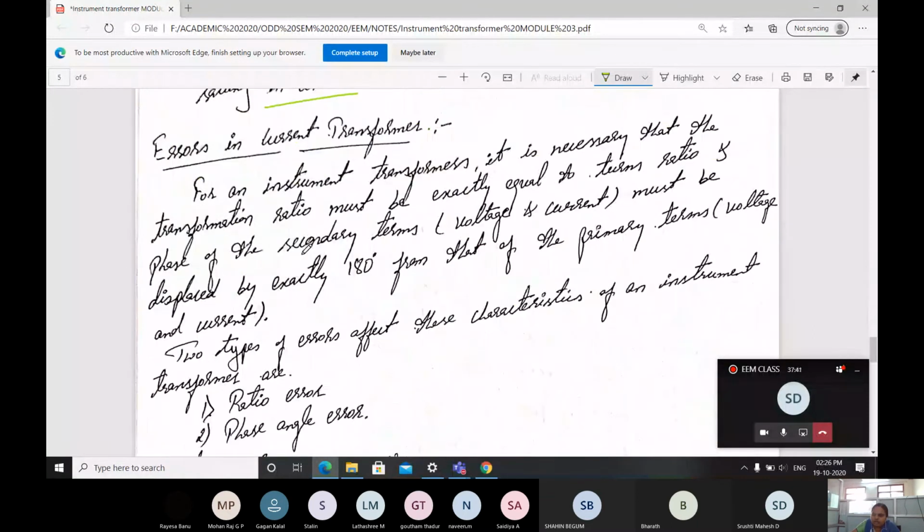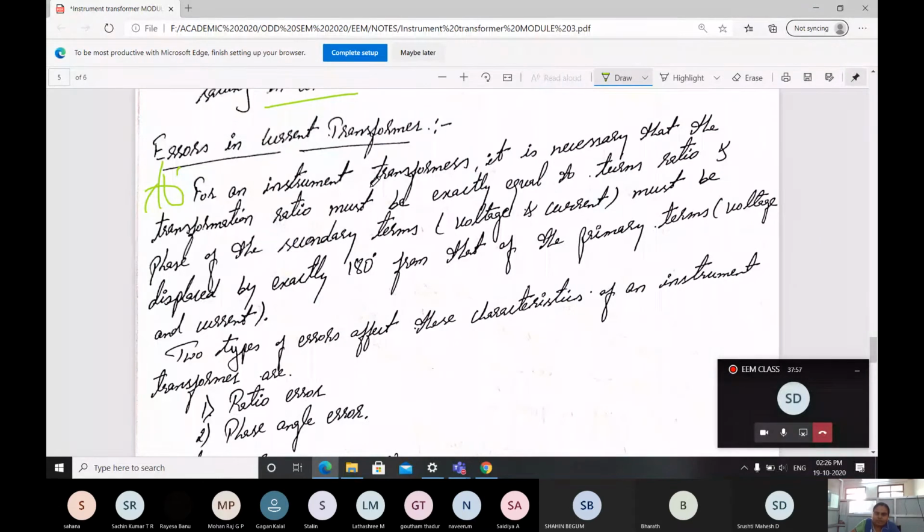Next is errors in current transformers. What are the errors? This will be asked for 6 marks. Okay. What errors are going to occur and how they are characterized? We will go with that.